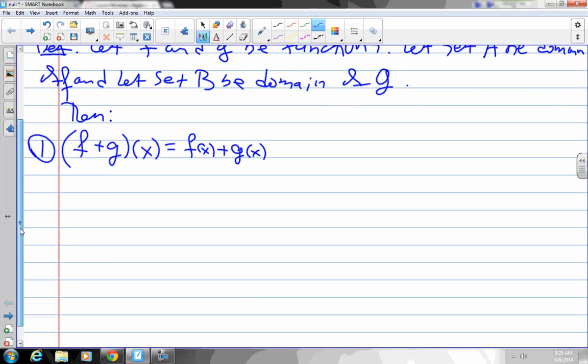But now let's think about the domain of this new function. A is the domain of f, so A makes f happy. B makes g happy. Everything inside of A makes f work. Everything inside of B makes g work. Well, what makes the sum of these two work? What makes f and g work at the same time?